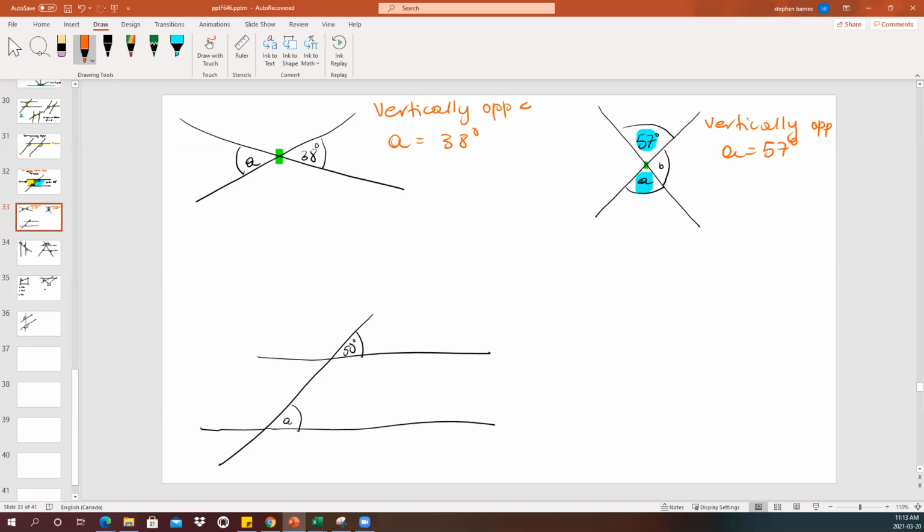Now, the other one is angle B, how to find angle B. We can find angle B one of two ways, which both are effectively the same way.